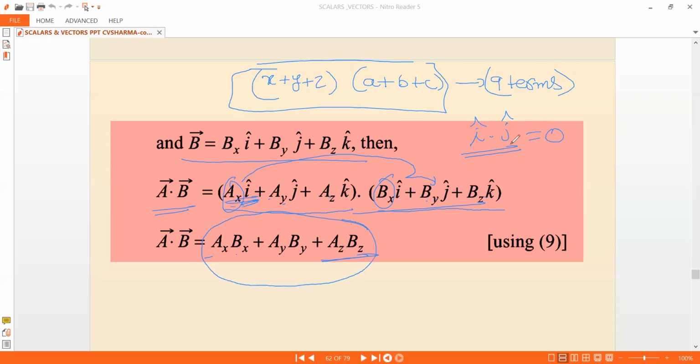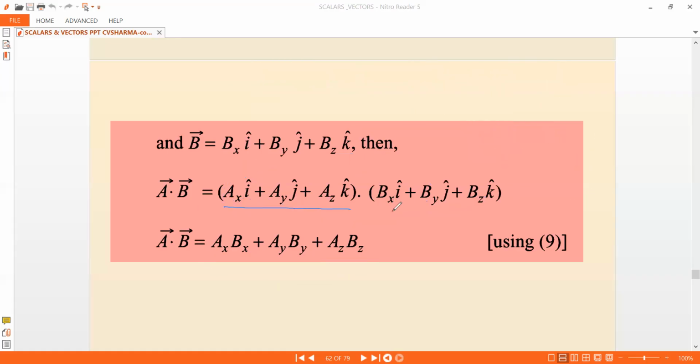The rest will go to 0 because you get the dot product of mutually perpendicular vectors. So your dot product will contain only 3 terms: ax into bx, ay into by, az into bz, and then sum them up. So i with i, j with j, and k with k.